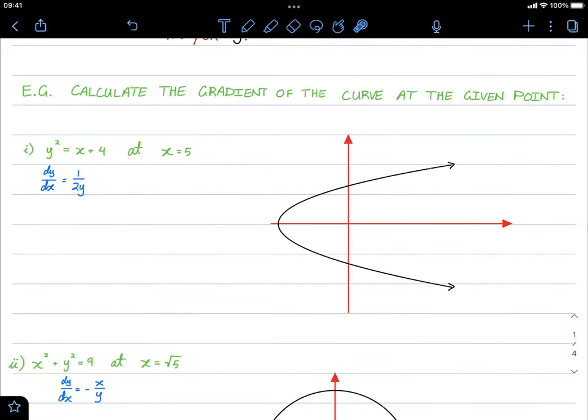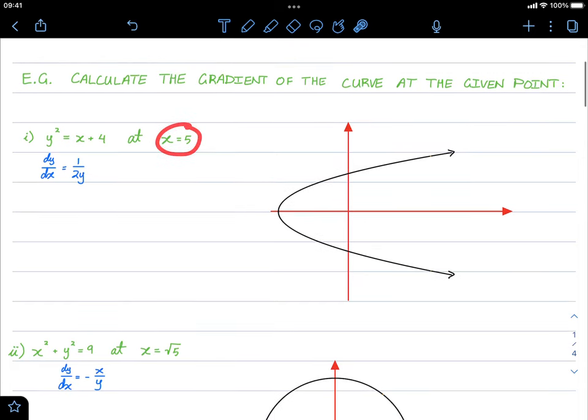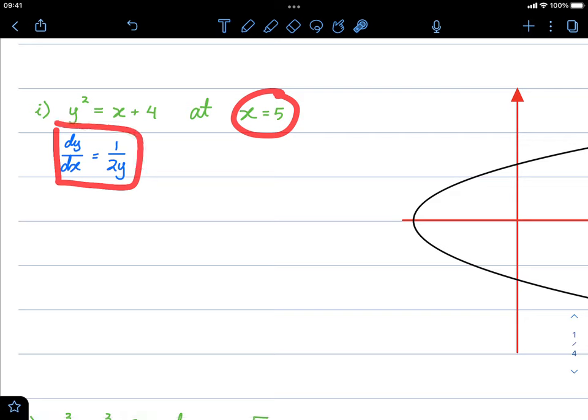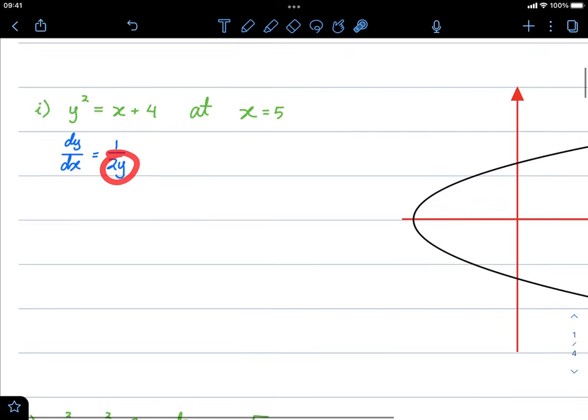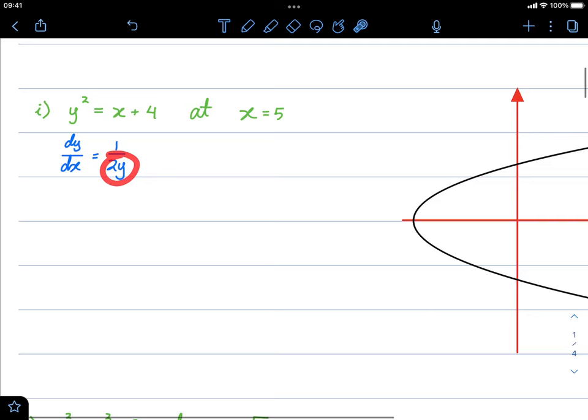Okay, so in order to find the gradient at this point x, notice how this derivative actually has a function, an expression involving y. So what we actually need is the y value where this is provided.